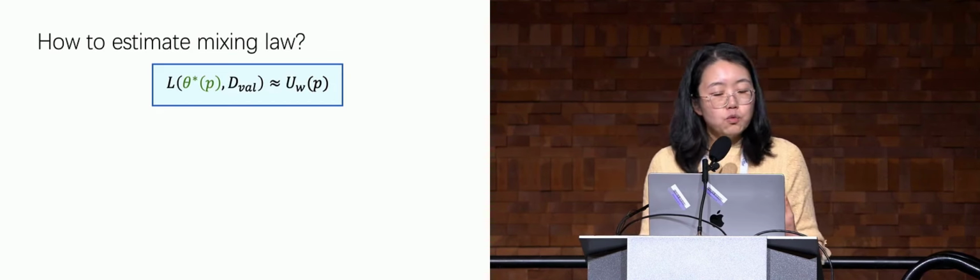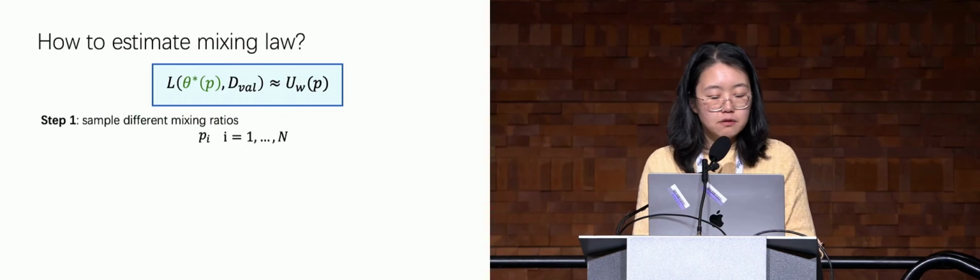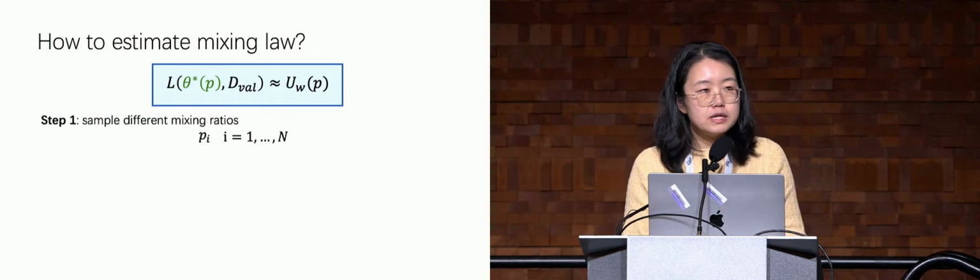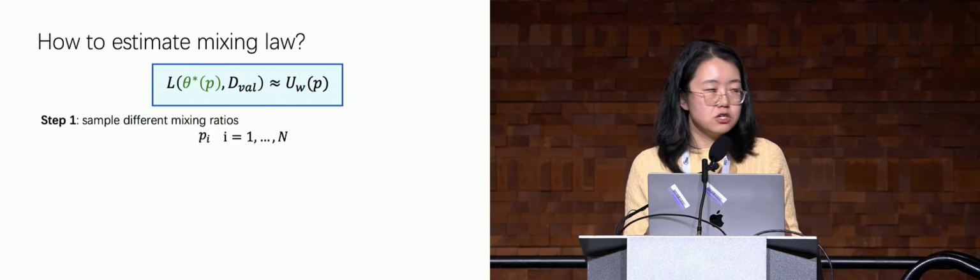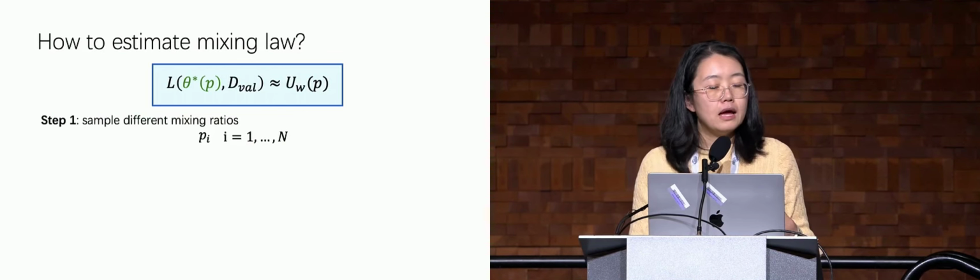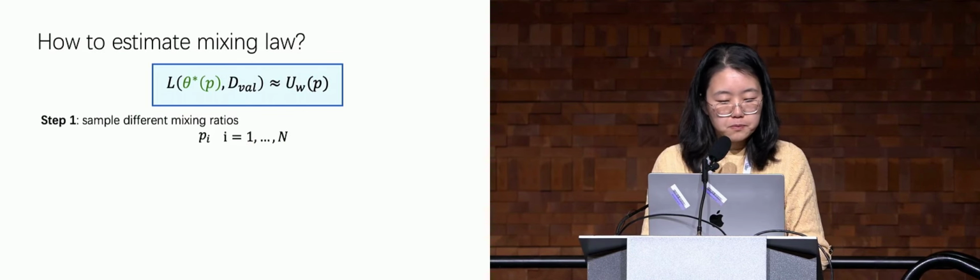And the beauty is that once we have a good approximation for this objective, then we can find the optimal weights by directly optimizing the surrogate. Because this function is parametric, it might be simple, and optimizing it is very easy. We can just use some gradient techniques, for example.